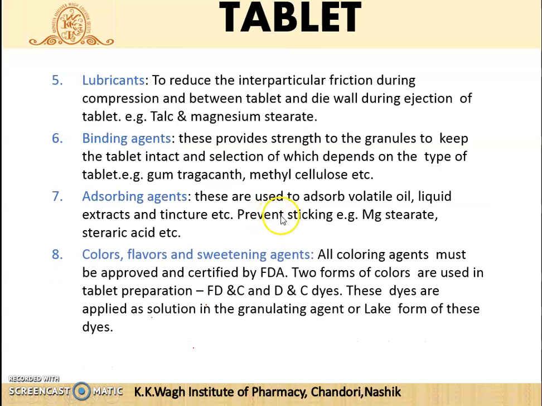That prevents the sticking. Examples of it are magnesium stearate, stearic acid. The last excipient is colors, flavors and sweetening agents. All coloring agents must be approved by the FDA. Two forms of color, especially FD&C and D&C dyes, are used. These are the different excipients which are used in the tablet excipients.